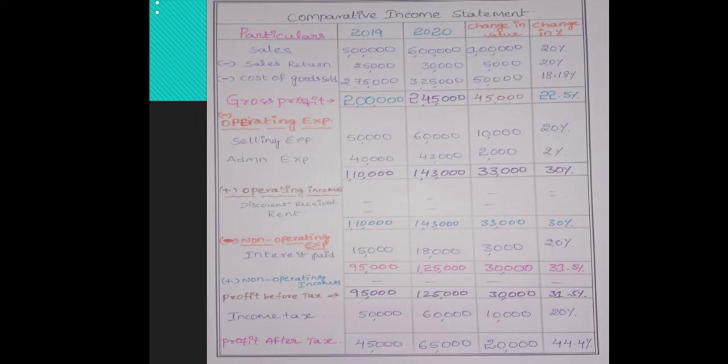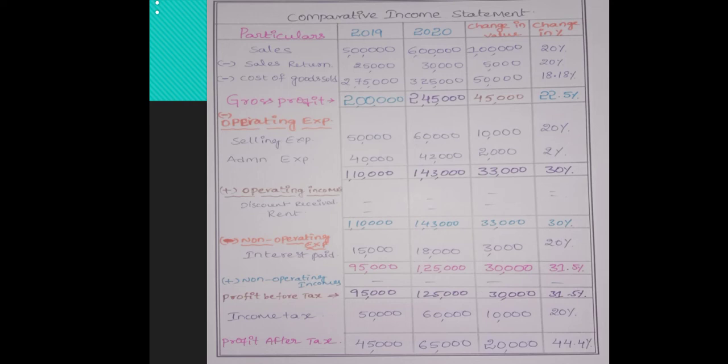So these are the non-operating expenses. Next, non-operating incomes. There are no non-operating incomes. So that's why we entered the same amount as in profit before tax.